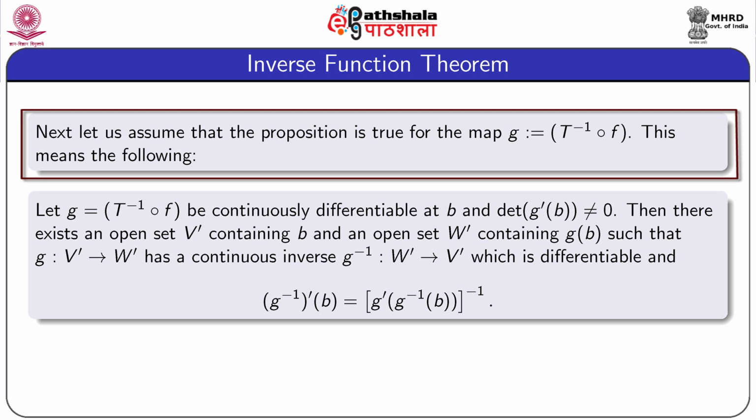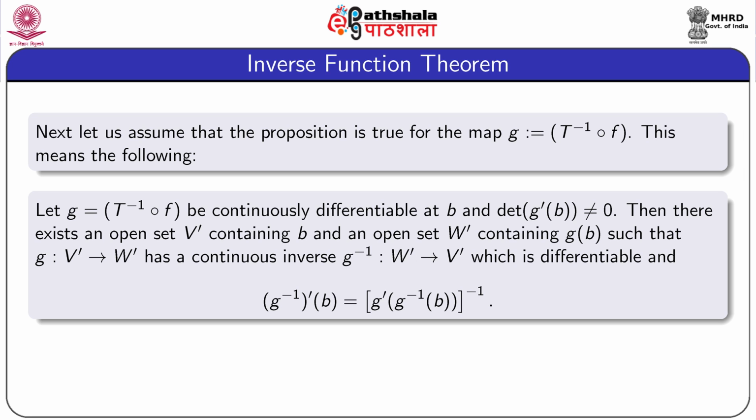Next, let us assume that the proposition is true for the map G equal to T inverse compose F. This means the following. Let G equal to T inverse compose F be continuously differentiable at a point B and let determinant of G dash B be non-zero.